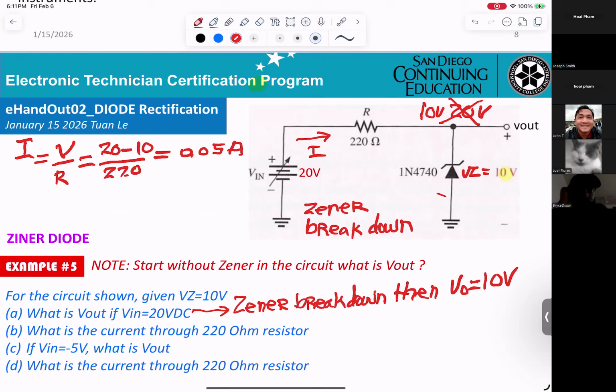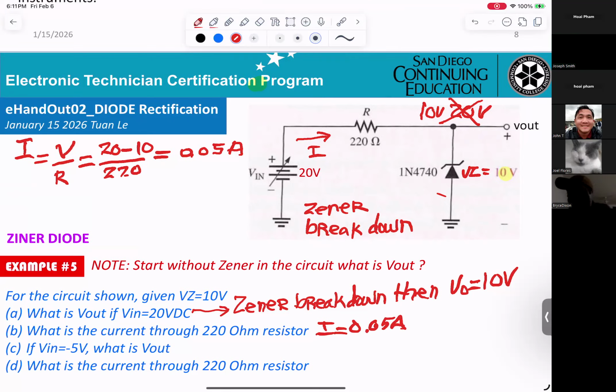Okay? Up to this point, any question? Okay, if no, so the current go through is 0.05 amp.